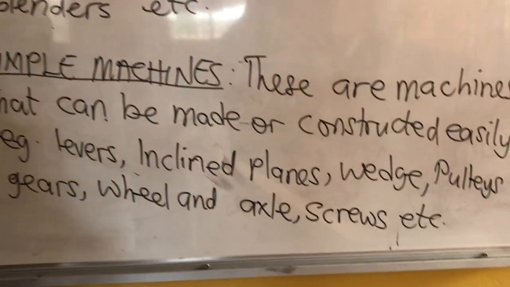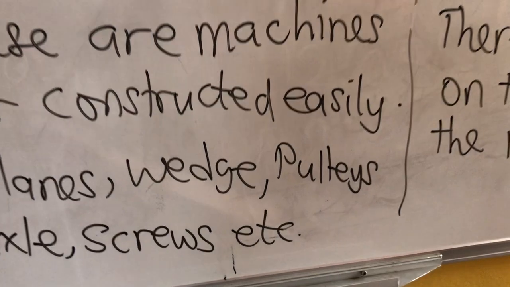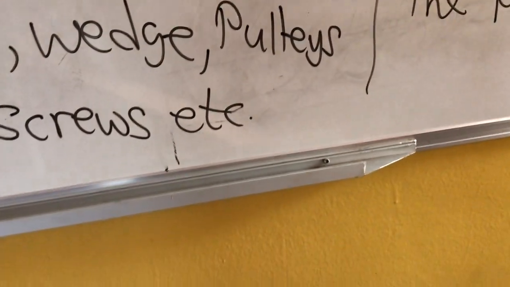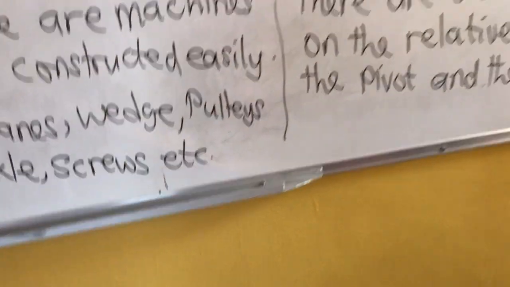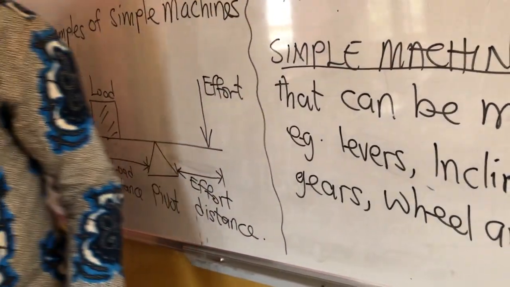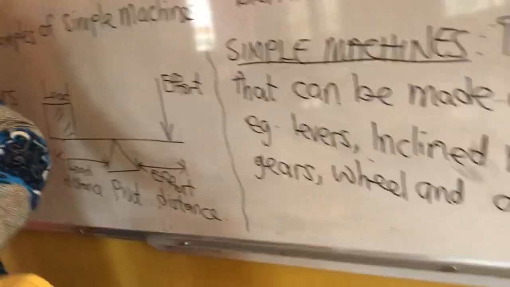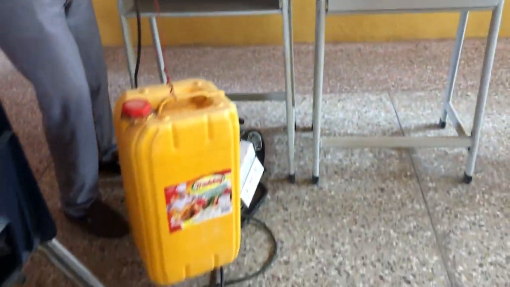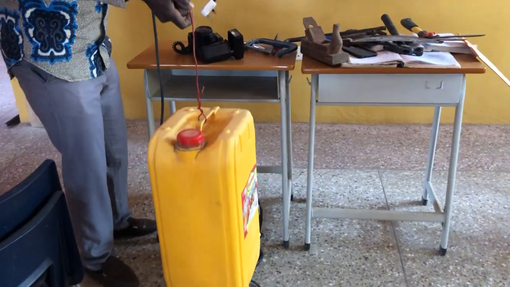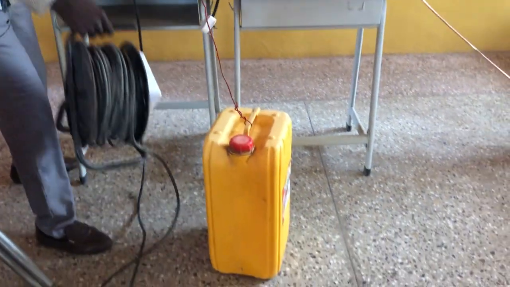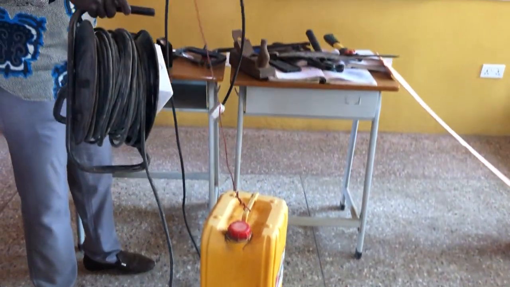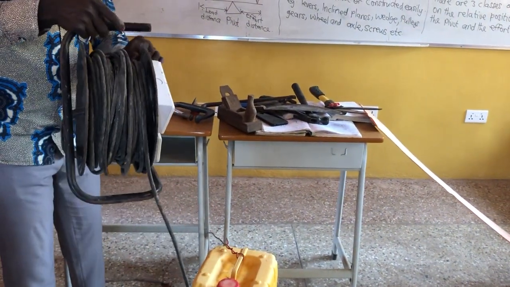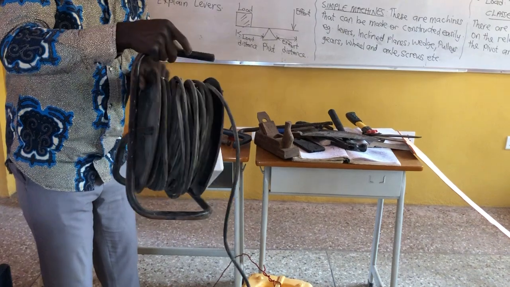Now we have pulley systems as well. When you go to our villages, those who normally fetch water from wells, you see that when you are raising the water from the well, for example, if this is my water, and I want to raise it from the well, wells are very deep, and therefore raising it up is very difficult. Therefore, they normally fix a pulley system on it, something like this, which can roll.